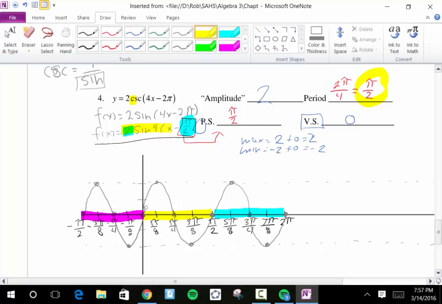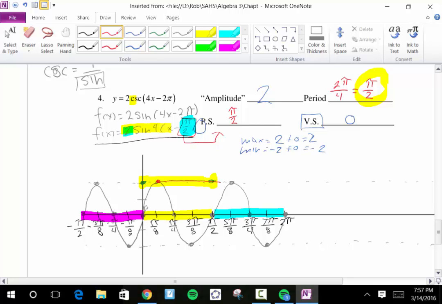So it shifts it to the right this whole distance right here. What do you notice? So you shift a point that's right here to a point that's right there. If it makes this much of a shift, what do you notice? Let's see what happens. Check this out. This point right here can be shifted over pi over 2.